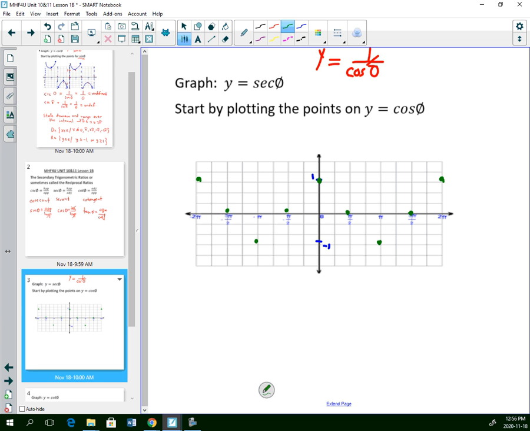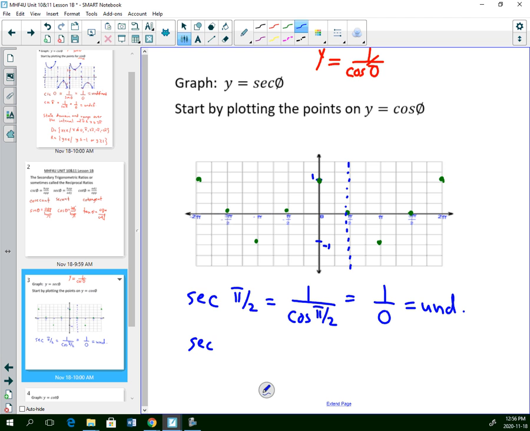Now, where does cosine hit 0? Because if I'm doing secant, so let's say I'm doing secant of pi over 2. Well, secant of pi over 2 is the same as 1 divided by cosine of pi over 2. And I can see from my graph that cosine of pi over 2 is 0. And so that gives me an undefined answer at pi over 2.